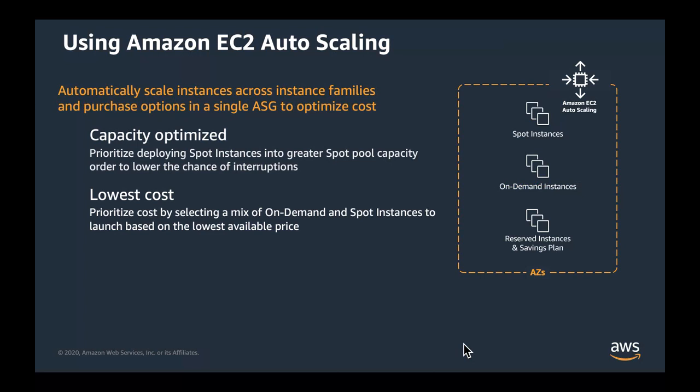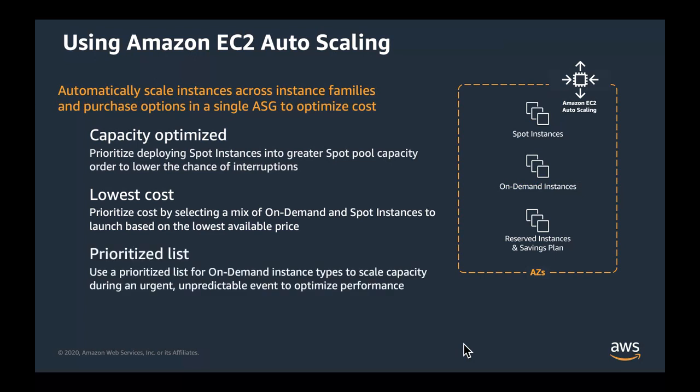Capacity optimized is where you give a list of instances that you can use for your application, and then AWS finds out which of these instances, in that particular availability zone, has the deepest capacity right now, and gives you instances from that pool. Whereas with lowest cost, you give a list of instances, and AWS finds which of them has the lowest cost at this moment and gives you instances based on that price.